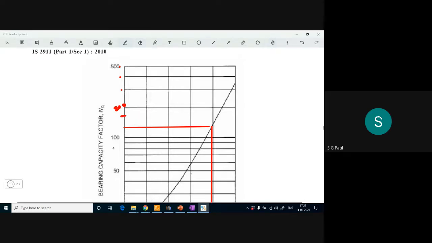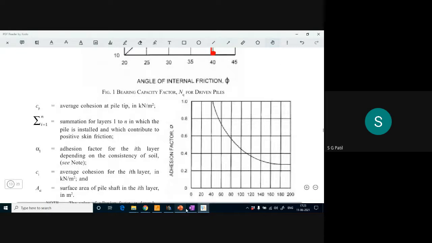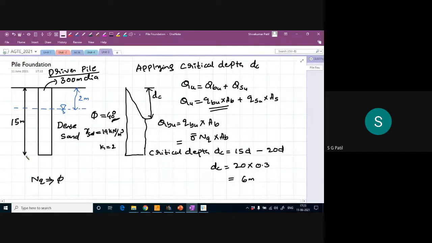This may be around 150. So you can take it as 130. So NQ is equal to 130.